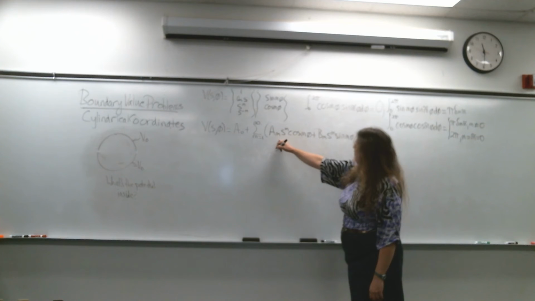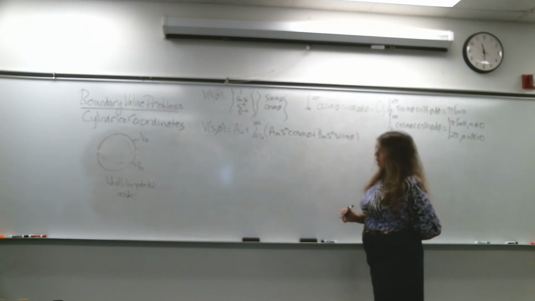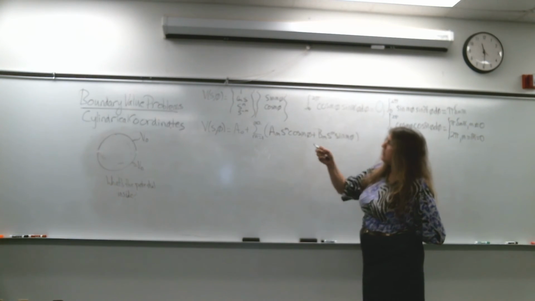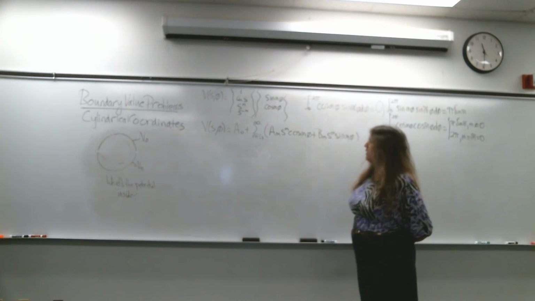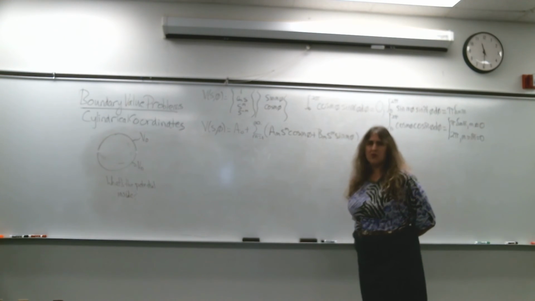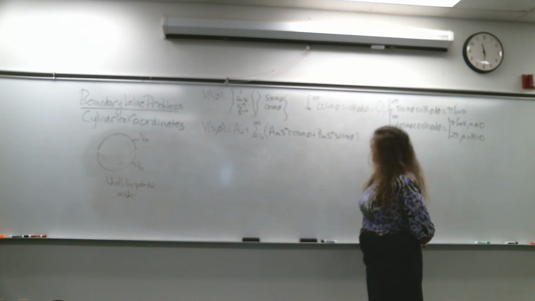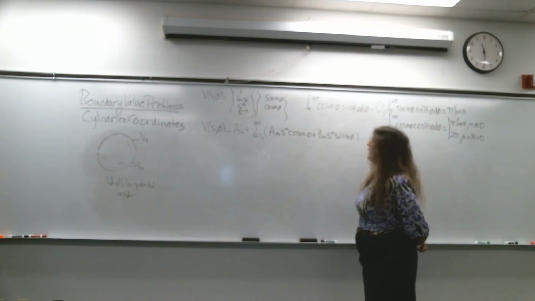So I'm going to again pull out A_m and B_n. You can realize for the boundary conditions, maybe you'll exclude one of these terms right off the bat, but I'm going to go ahead and do the math anyway.